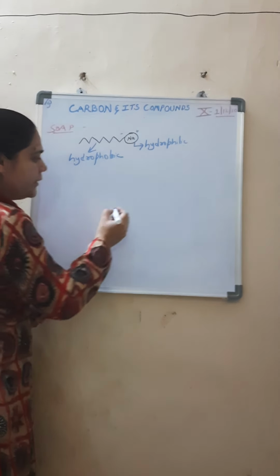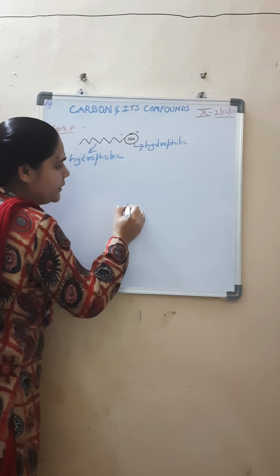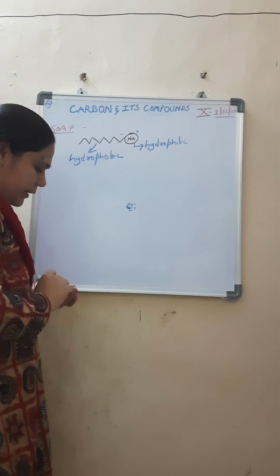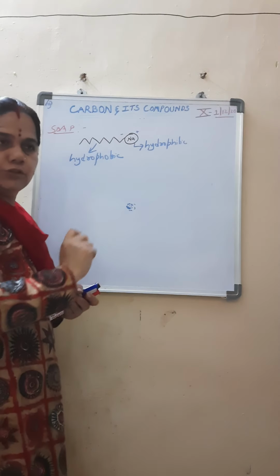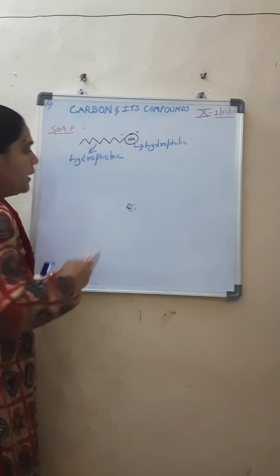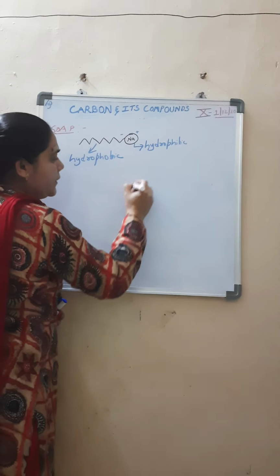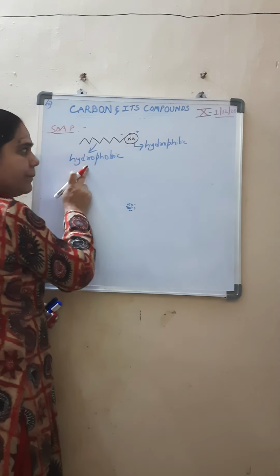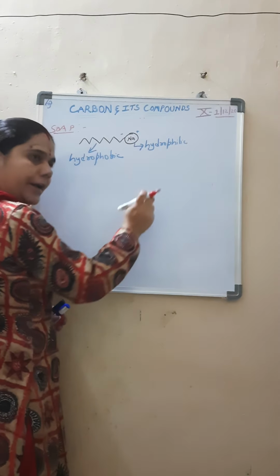Now what happens? Let us assume that there is a dirt particle. When we are rubbing soap on the cloth and agitate it, when you scrub it, the tail part, we can refer to the hydrophobic part as the tail part and the hydrophilic part as the head part.